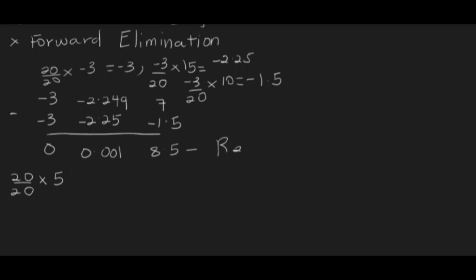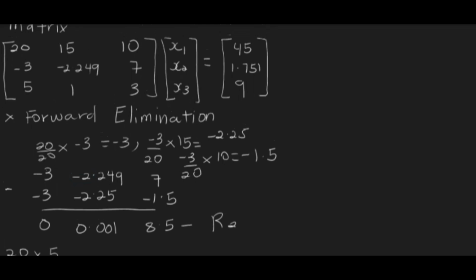So let me show you back again. So this is it. We divide this 20 by 20, then we multiply by this 5, so that we modify this and you get the first entry of this modification to be 5, then you subtract it from this side to get this one eliminated. So this one too, we are going to get the first one to be 5.